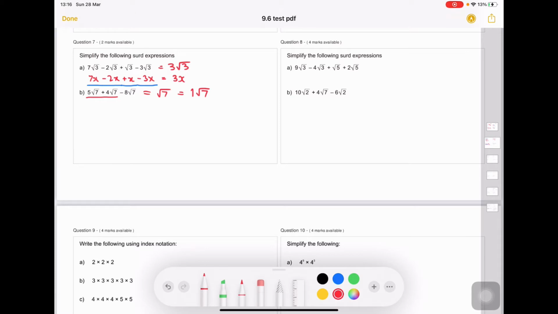The next one is like having 2 variables. So I'm going to write underneath it 9x take away 4x plus y plus 2y. The answer here will be 9x take away 4x is 5x, and y plus 2y is 3y.